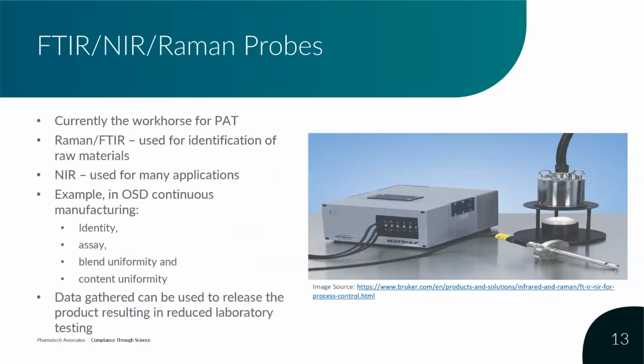So probably by far the workhorse of PAT probes that you're going to see these days are going to be either FTIR, Fourier transform infrared spectroscopy, near infrared spectroscopy, and/or Raman spectroscopy probes.